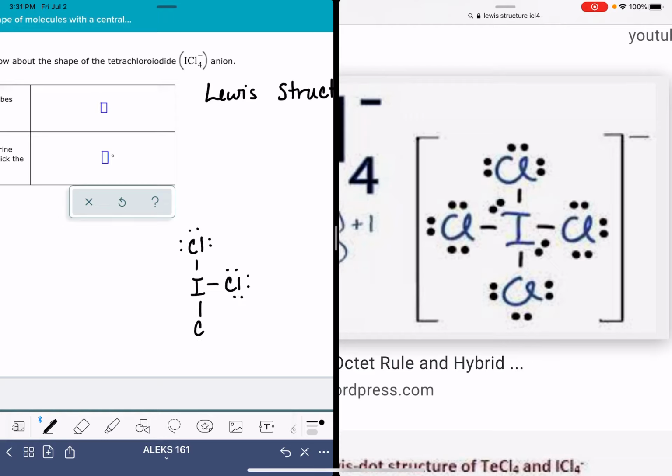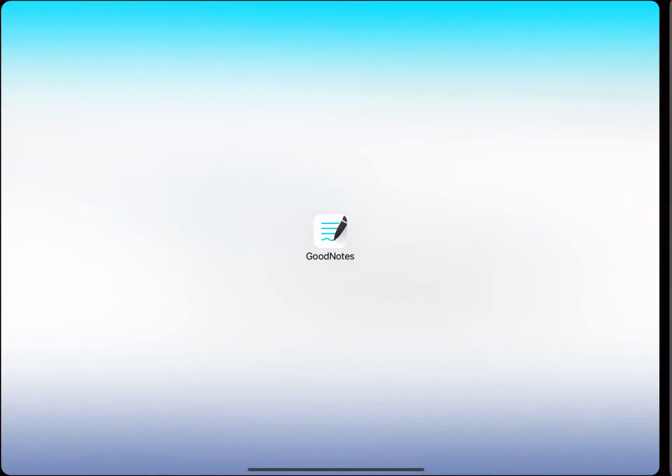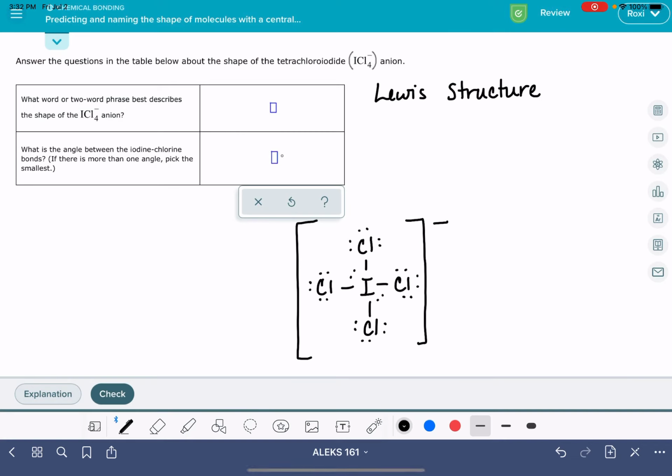Now, another reference that you're going to want for this particular ALEKS problem is a table, which you can find in your textbook, or somewhere on the internet, or probably in your notes. You want to find a table that correlates bonds and lone pairs with the shape of a molecule and also the bond angle.